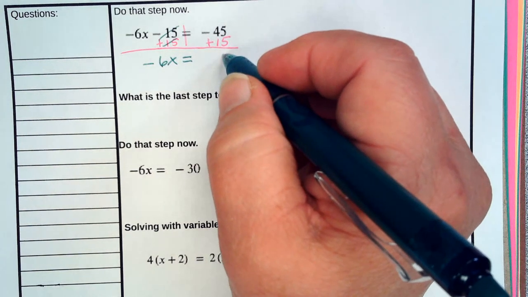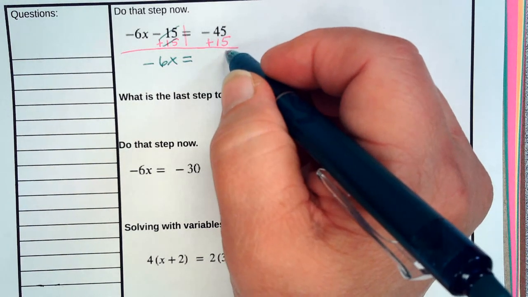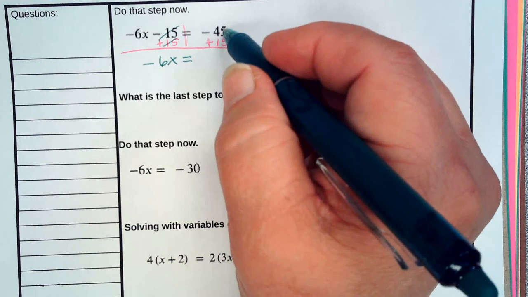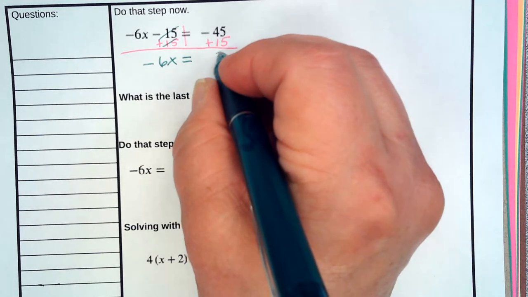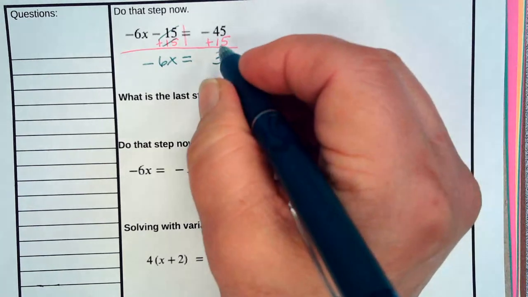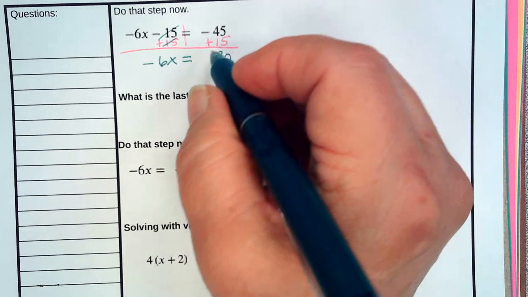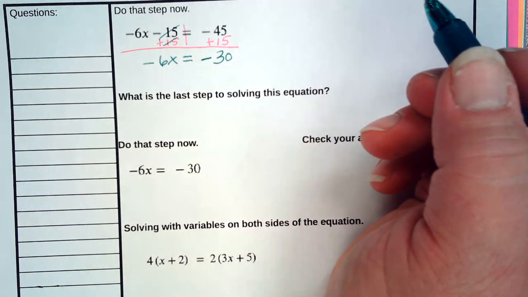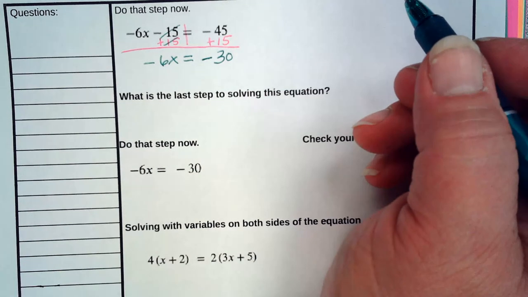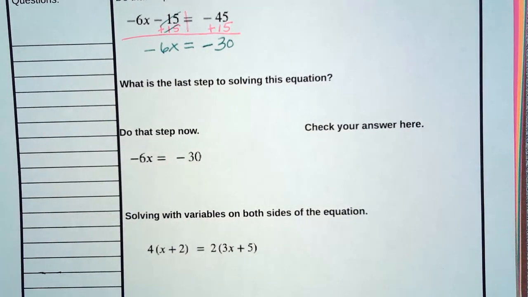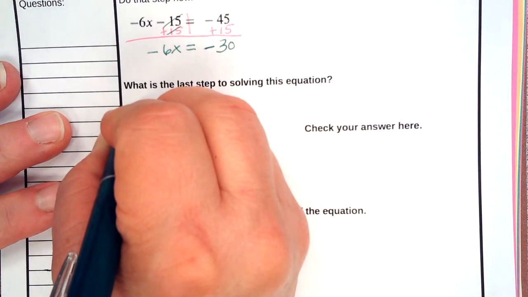-45 plus 15. They're opposite signs, so I subtract. 45 minus 15 is 30. Now, which is my bigger? Well, it's a -45, so this will be a -30. What is my last step to solving? I'm going to divide both sides by -6.